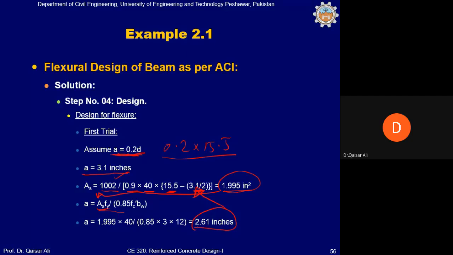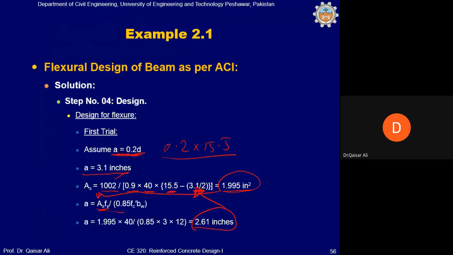And also, if you could calculate As max and As minimum, I will appreciate. Calculate As and also calculate As max and As minimum, and this should be done in 10 minutes. You can discuss it among yourself if you want. After 10 minutes, we will go ahead with this example to complete it, and we will do the other steps like the placement of reinforcement.